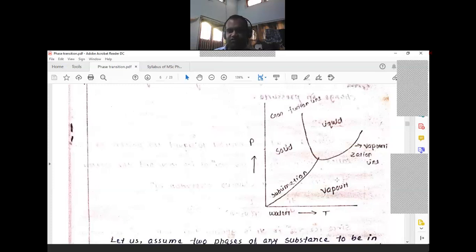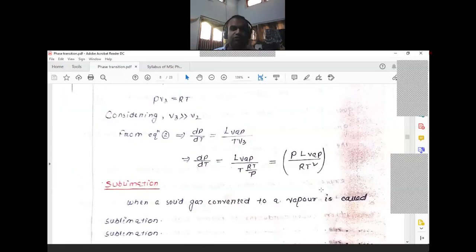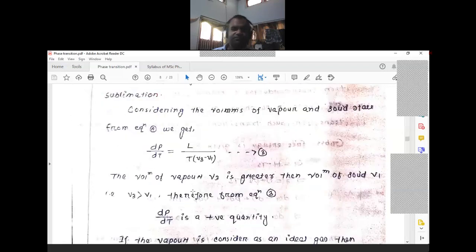Then you substitute the value of V3 and calculate dp over dt. So it is a simplified case, not that difficult, very easy.